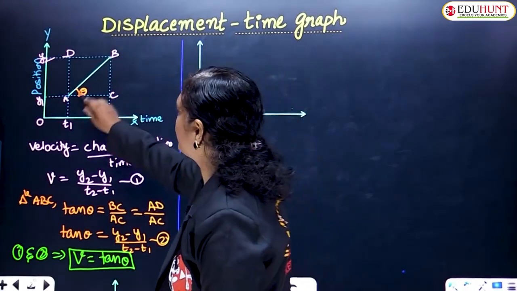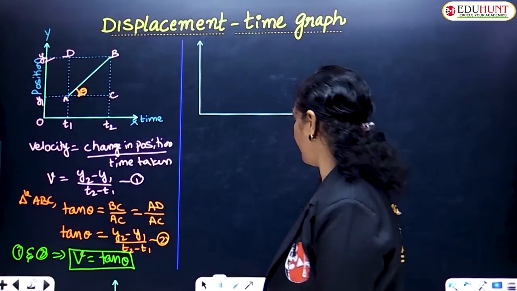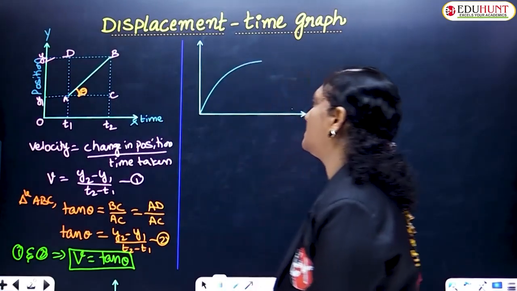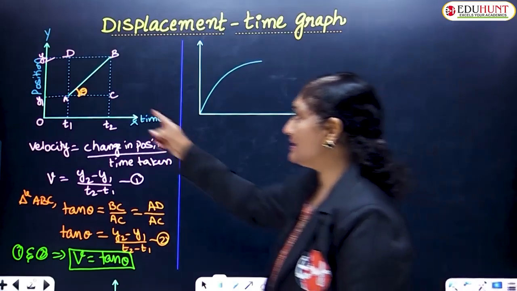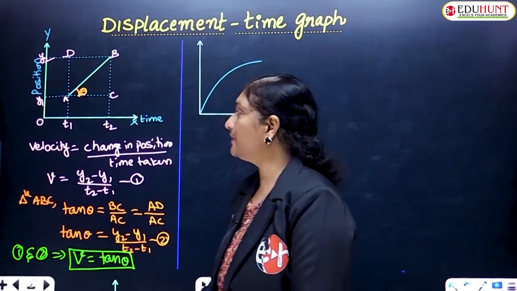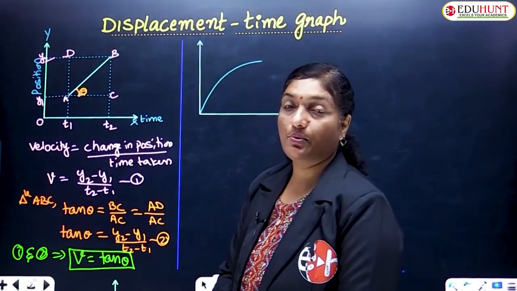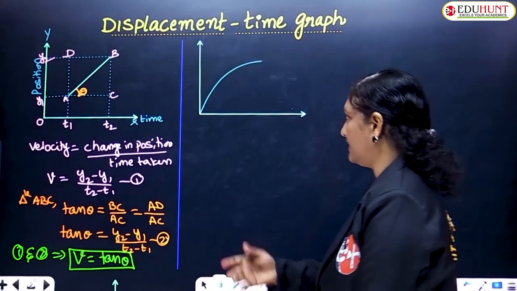Earlier the graph was a straight line, straight and slanting up. Now the same graph we observe as a curved shape. If it is a slanting straight line, then the body is moving with uniform velocity. I'll explain it in detail later.